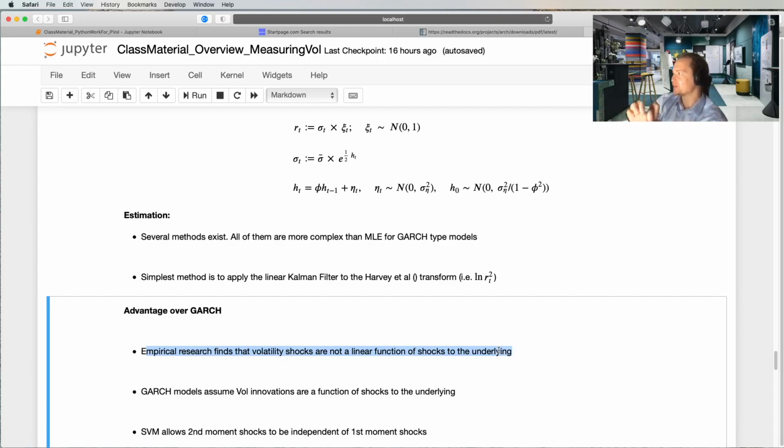Okay, one person shows up with not only with the underlying. What else do I need? When you say not only with the underlying, what do you mean? What else is needed?